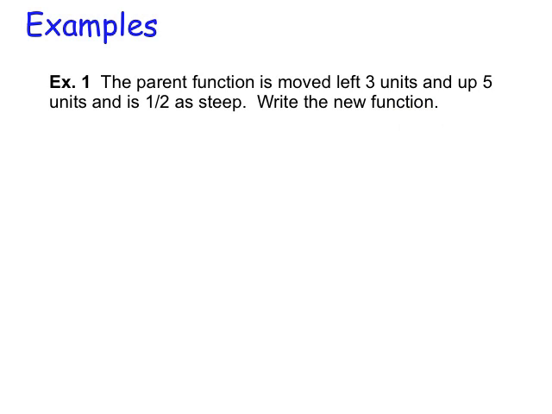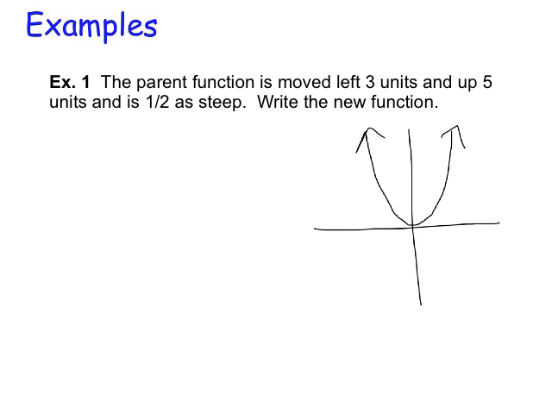First thing, when you do something like this, I want you to draw a picture of the common function, which is also called the parent function. Alright, so there's my common function. And that function, remember, is just f of x equals x to the second power. Now, let me write this down.